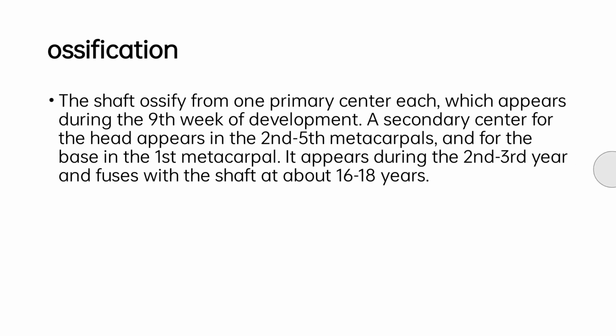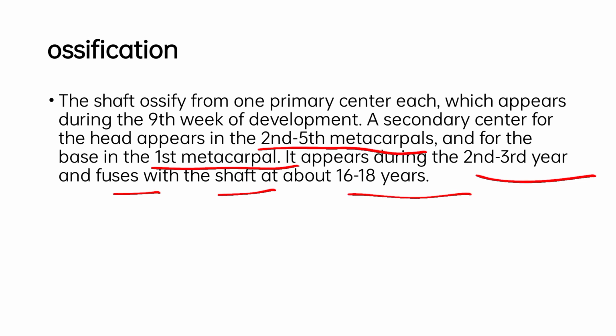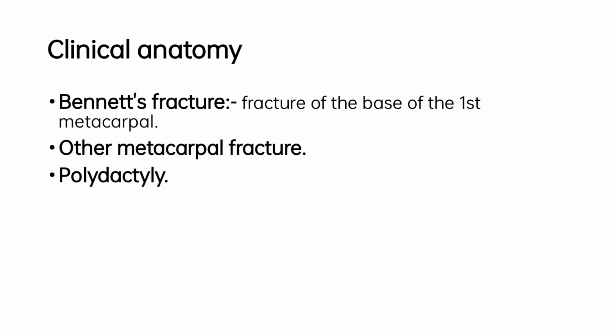Now the secondary center for the head appears in the second to fifth metacarpals, and for the base in the first metacarpal. It appears during the second to third year and fuses with the shaft about 16 to 18 years. Now moving further to clinical anatomy.